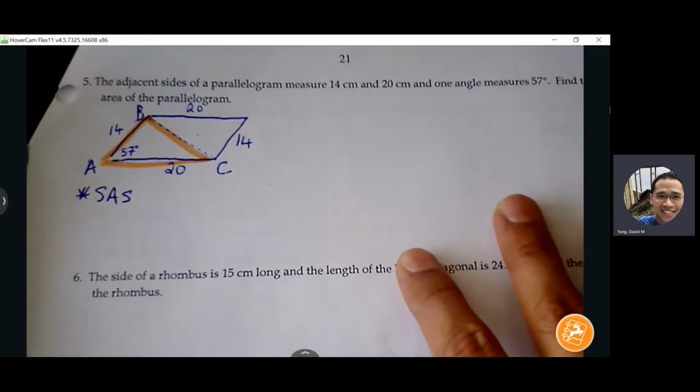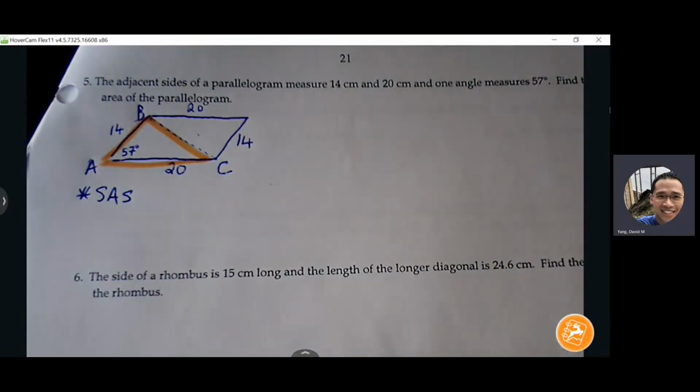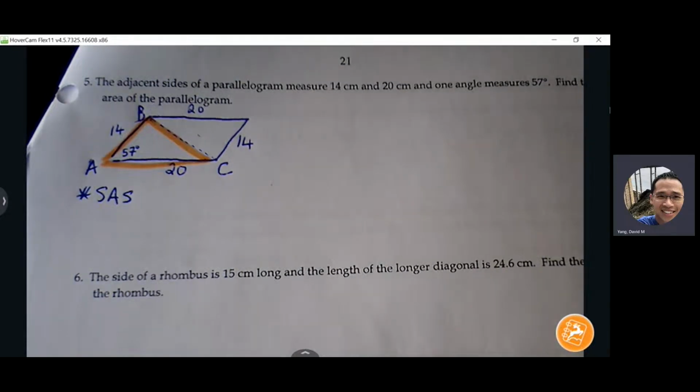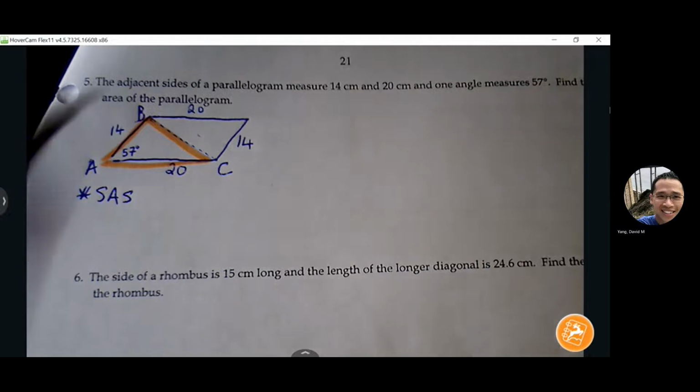You can use any formula you want, but either way, it's going to be 1/2 side, side, and then sine of the angle.